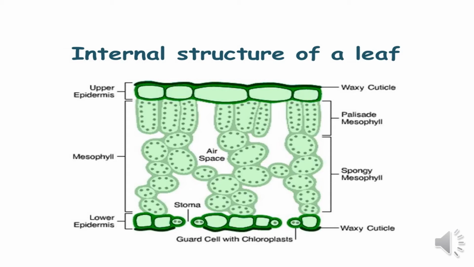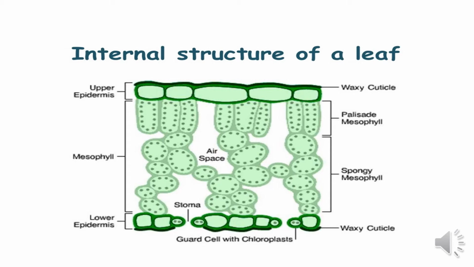Next to the palisade layer, there is a layer of cells which are loosely arranged, and they have a large number of intercellular spaces. That layer is called the mesophyll layer, or the spongy mesophyll layer.